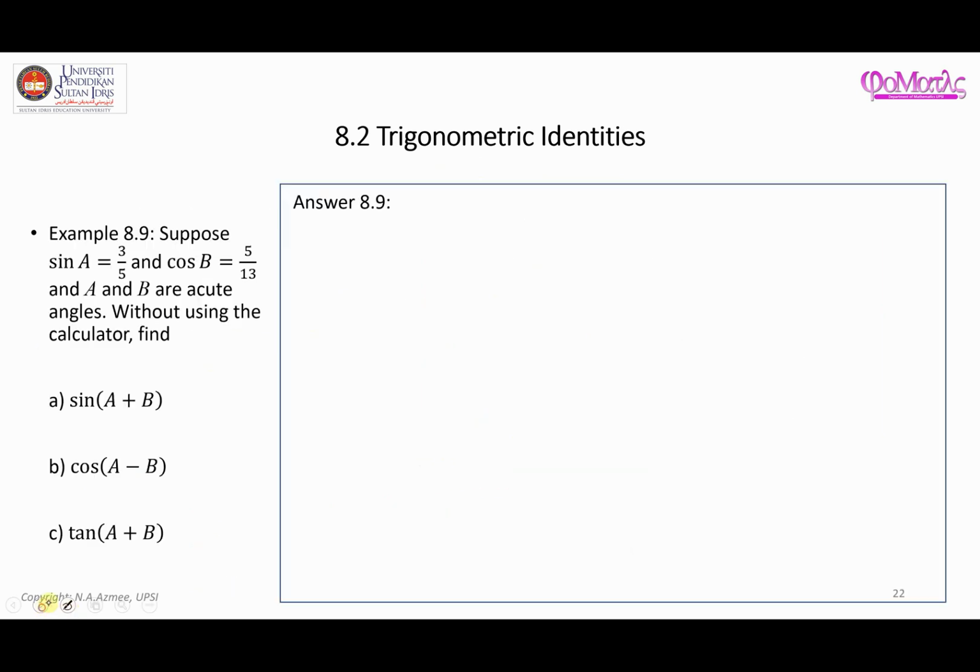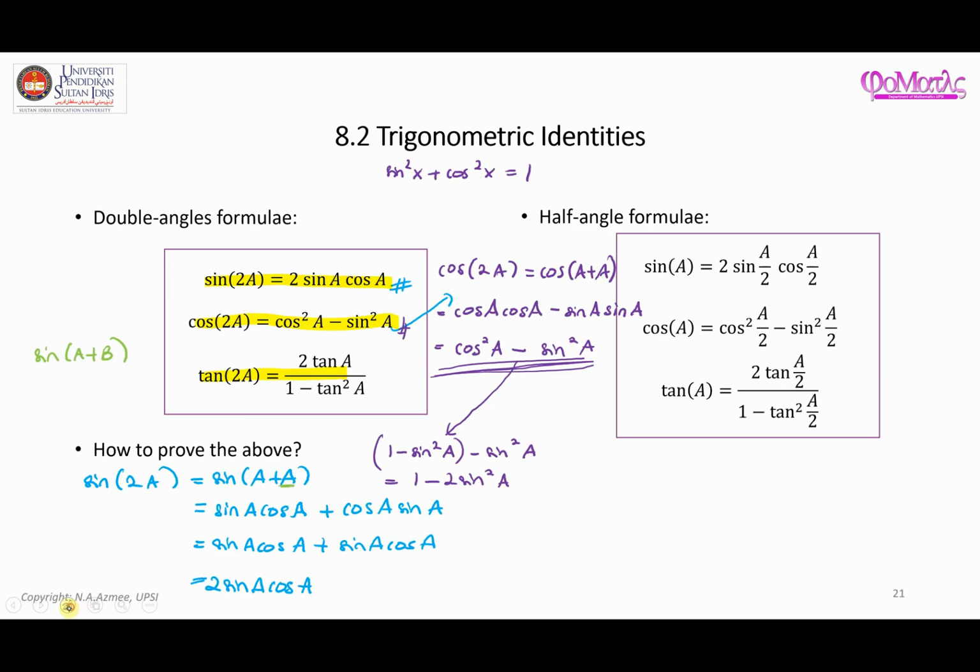There's also another way of doing it. If let's say you replace sine square A with 1 minus cos square A, for example, you can say cos square A minus sine square A here can be substituted with 1 minus cos square A. So again, you refer to this identity here.